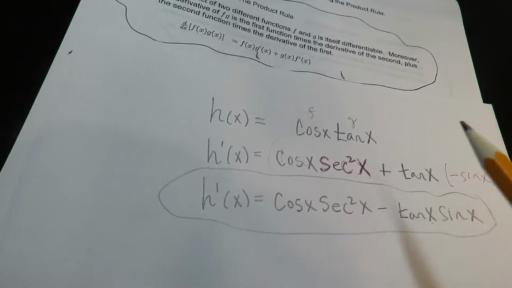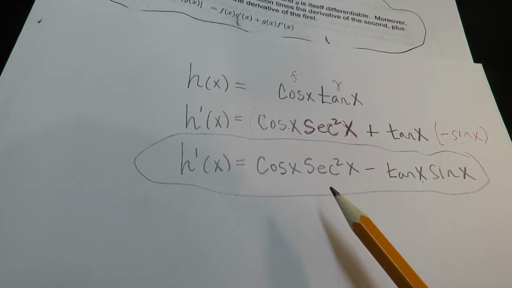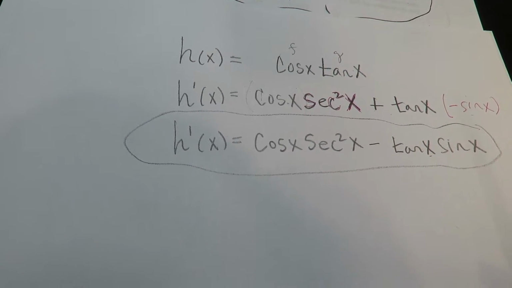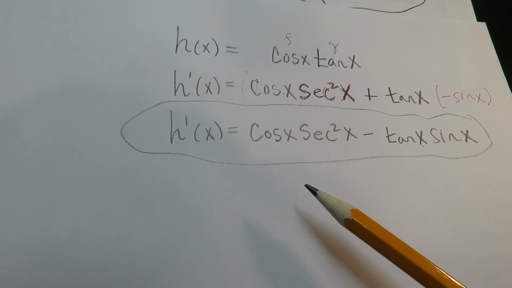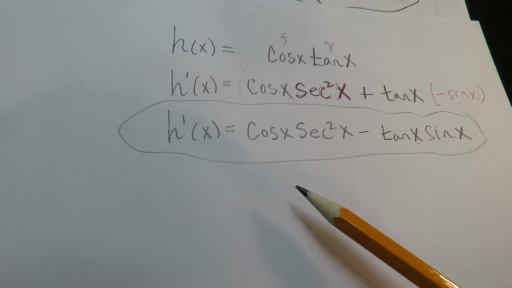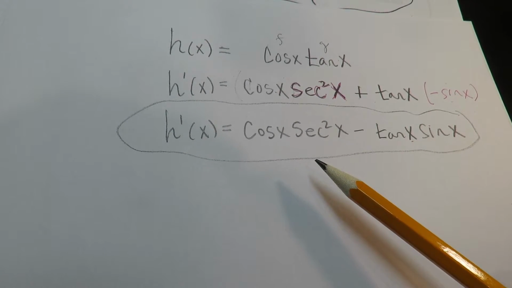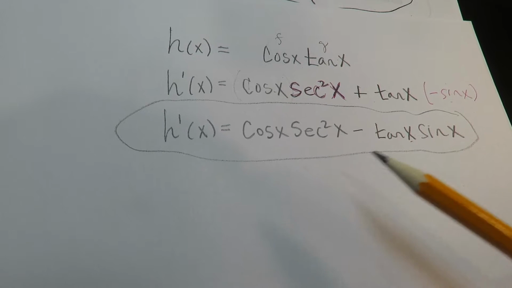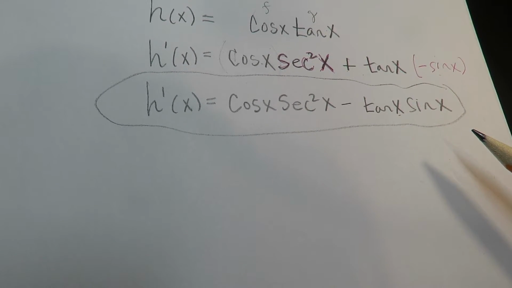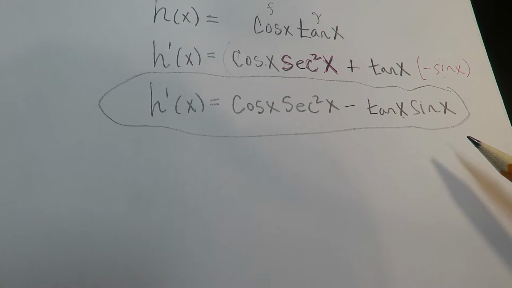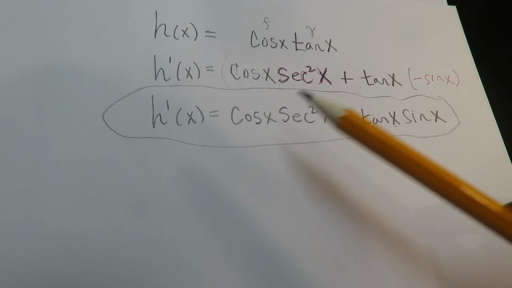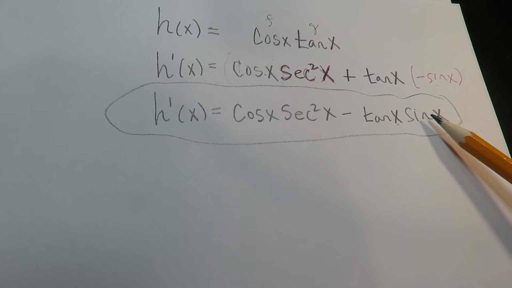But I want you to understand that when you check your answer in the back of the book, they may have used some trig formulas, some identities to manipulate the answer. So meaning you have the right answer, but they might just have it in a different format. Now, I don't really require you guys to fiddle with the trig identities. If you handed it in like this, this is fine.